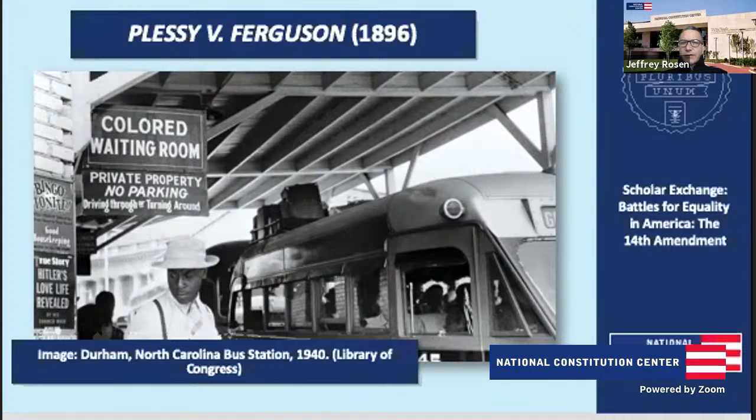But this is the central question we have to think about, because a majority of the court said there's no constitutional problem with requiring black and white people to sit in separate railroad cars. That basically, it's just a question of convenience. It's easier to require them. Both people may prefer it.